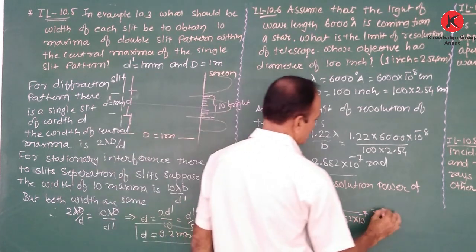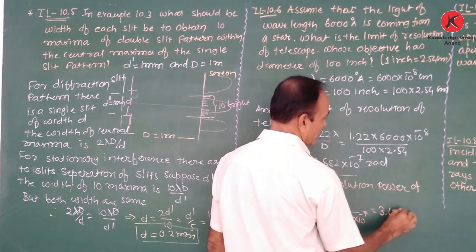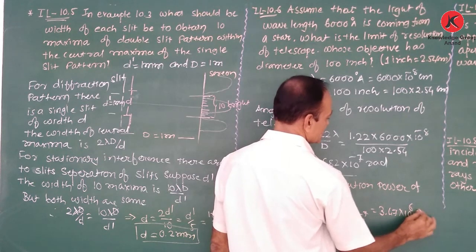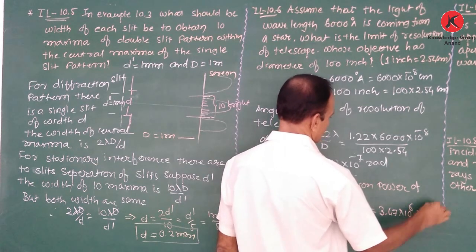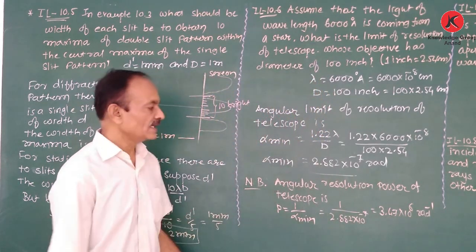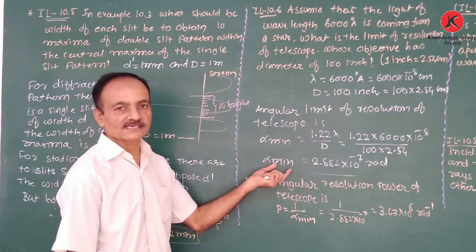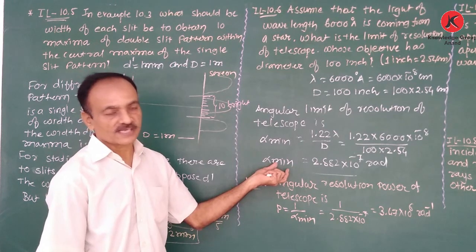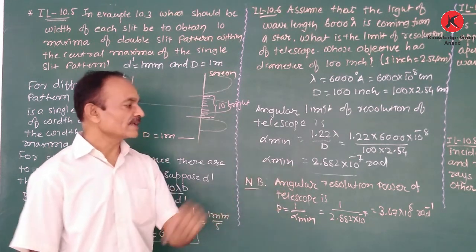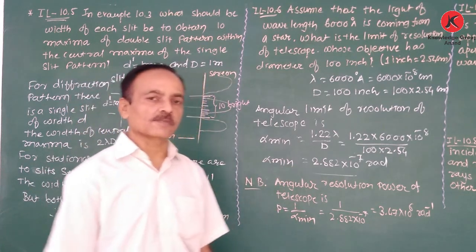Therefore, we obtain 3.47 into 10 to the power 6 radian inverse. That is the angular resolution power of the telescope. Our answer is this, but this numerical is also extended this way.